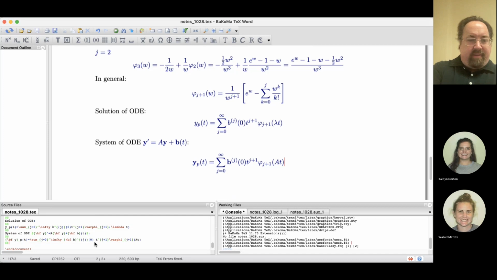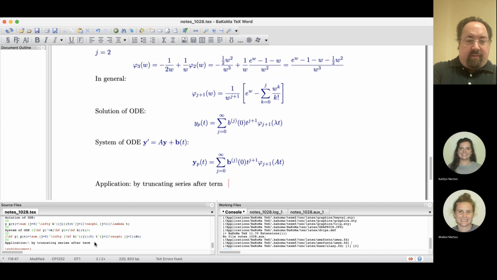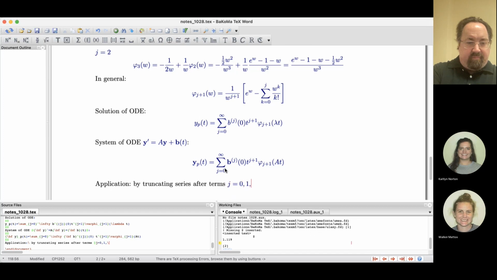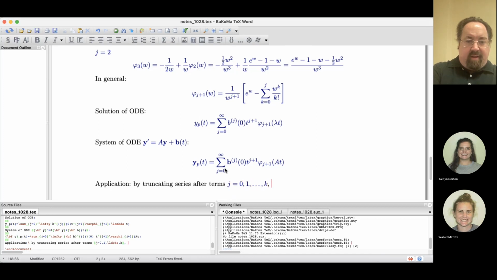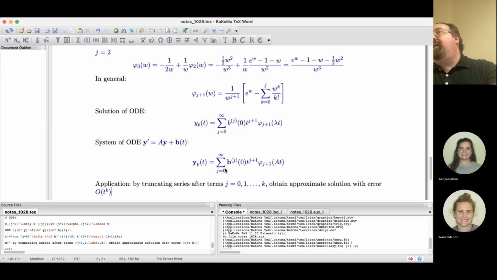Okay, so if I start, instead of the sum j equals 0 to infinity, I do j equals 0 to k, to obtain an approximate solution where the error is, yeah, middle of a class.